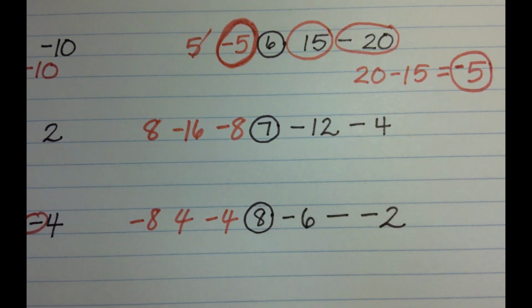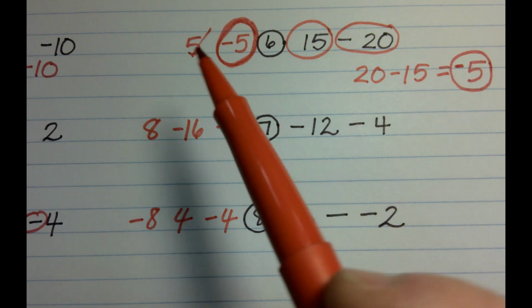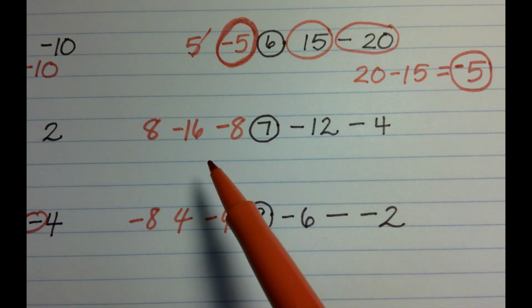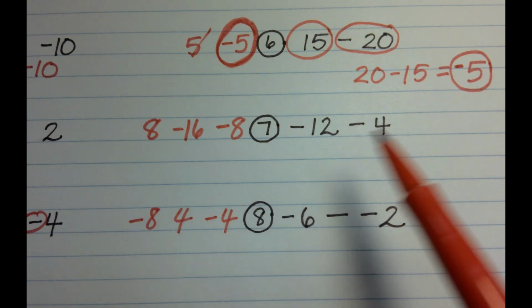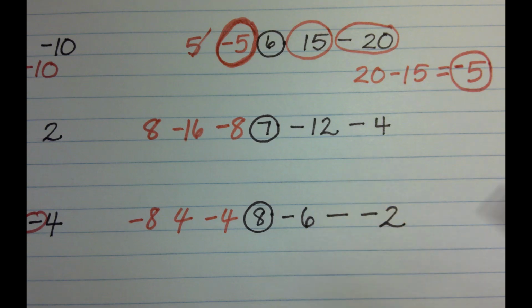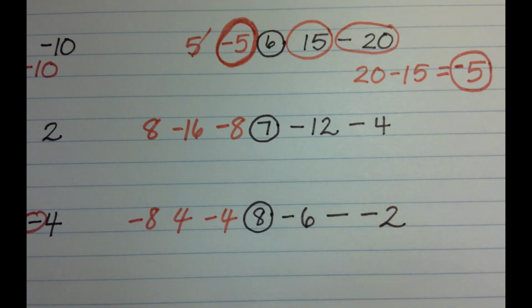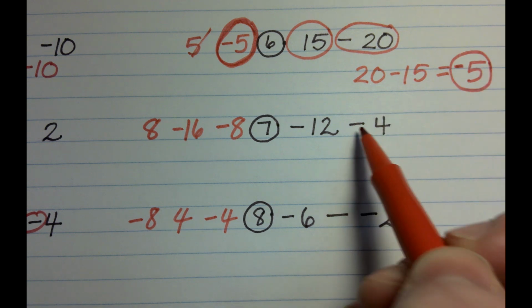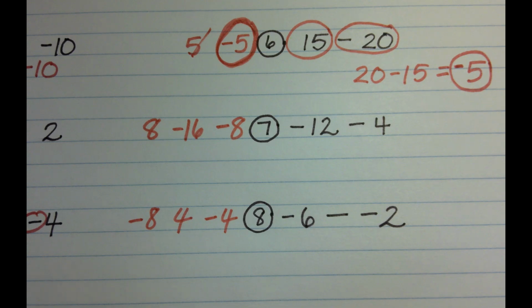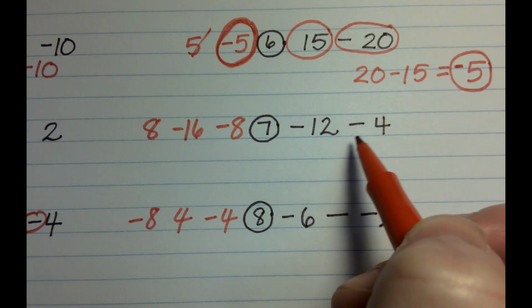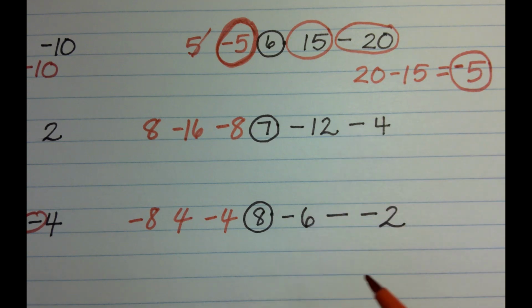-12 minus 4. -16. -16, -8, +8. So let's see. If I have -12 and I am subtracting 4, let's think of it how, if we subtract something, it's the same thing as adding a negative. -8.